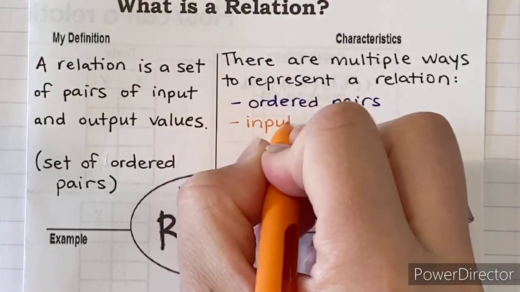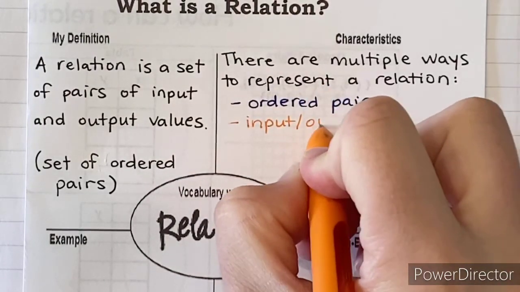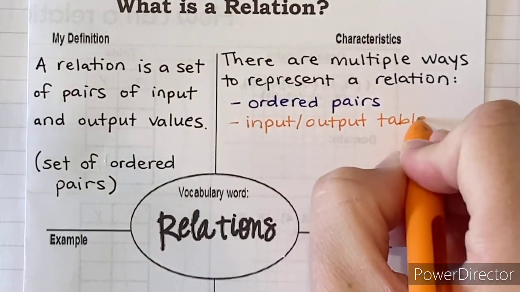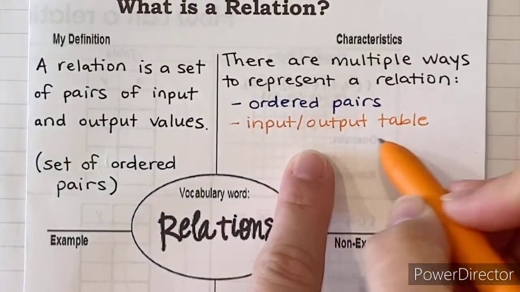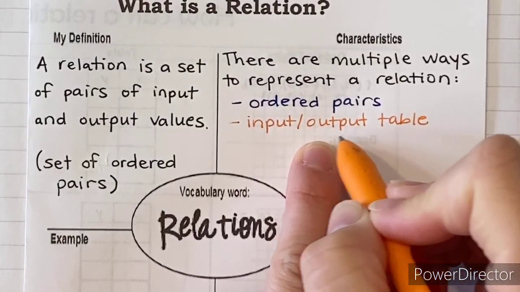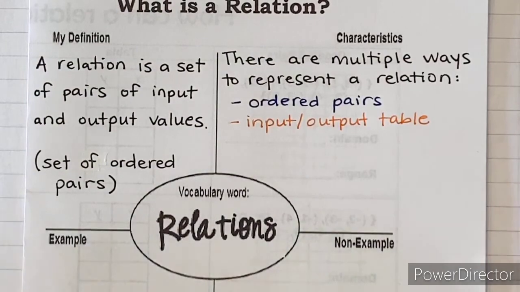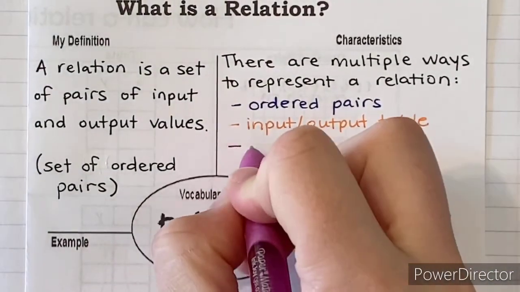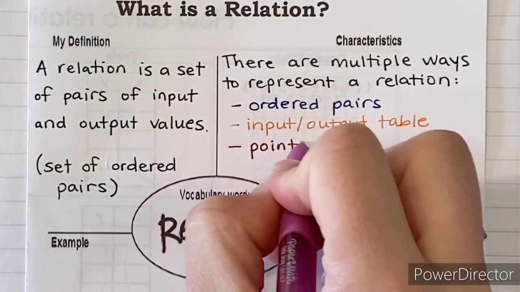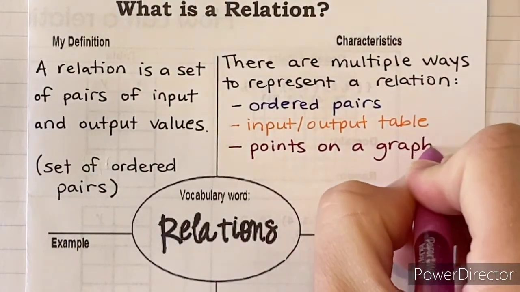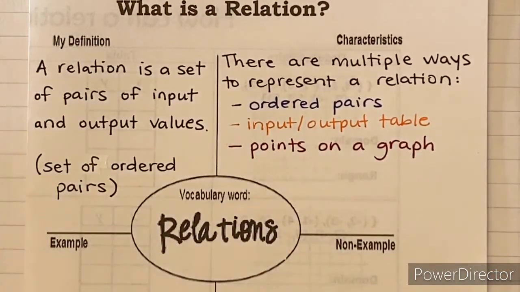Another way is an input-output table, which I think you guys know as the XY table. This is the XY table, which is still basically ordered pairs. You're just looking at it in a table. And then we have points on a graph, which is still actually the ordered pairs, that's just on the graph.